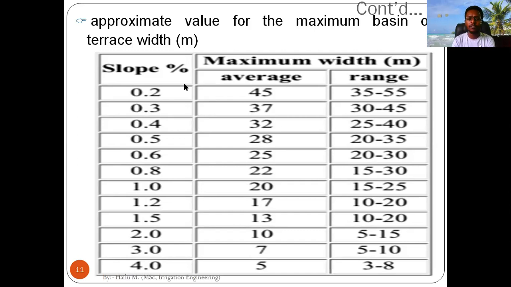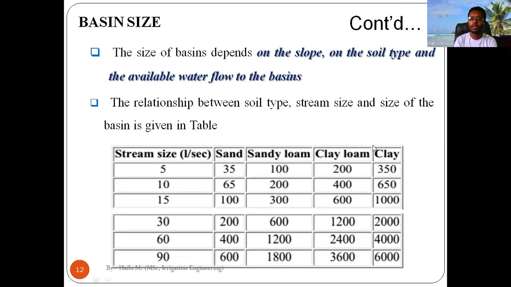For example, if the slope of your field is 0.5, the width of the basin will be in the range between 20 to 35 meters. So this is the common table you can use when you lay out or design your basin.